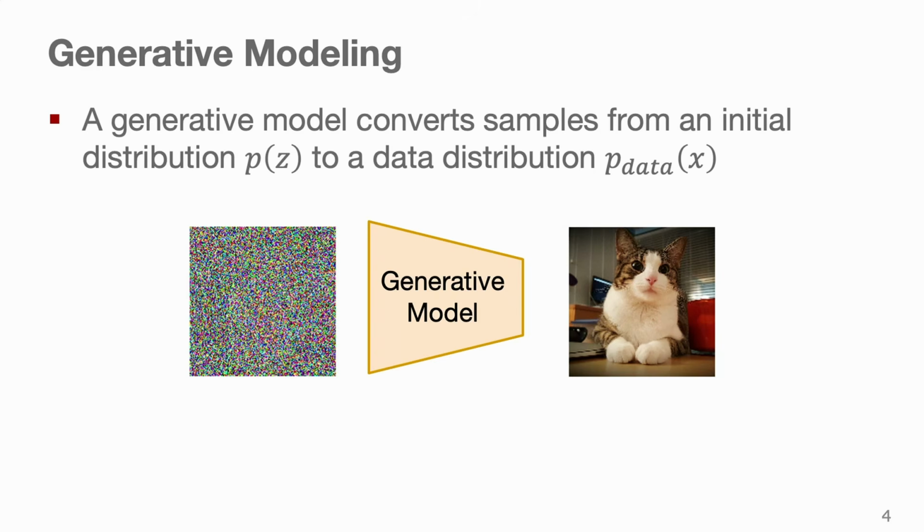Typically, we will start with something easy, like a standard Gaussian noise, and then we will want to map this into the target data distribution that we actually care about or want to model. It could be images of cats, like you see in this slide, or for us roboticists, it could be robot action trajectories.